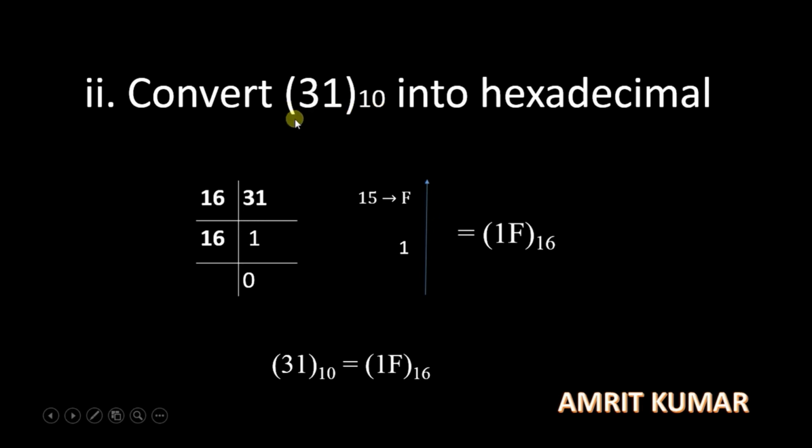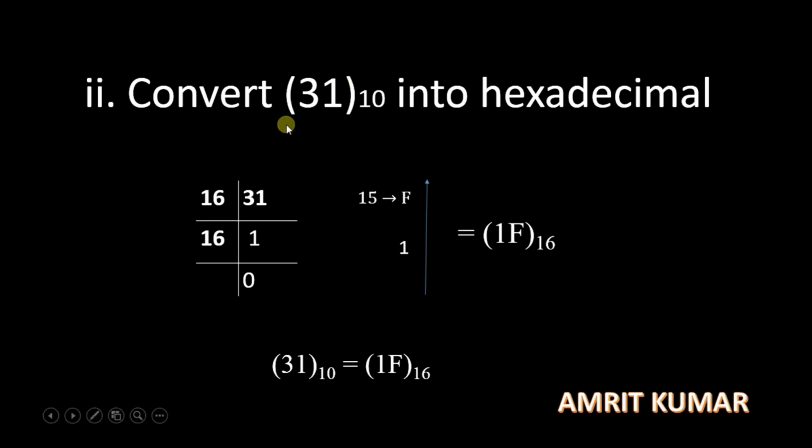I have to convert this decimal number into a hexadecimal number, so I will use the concept that you divide the decimal number with the base of the hexadecimal number, that is 16 here.